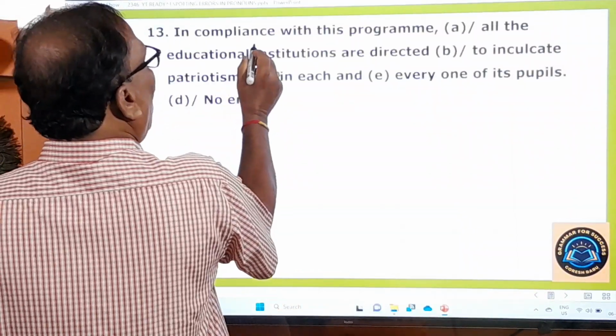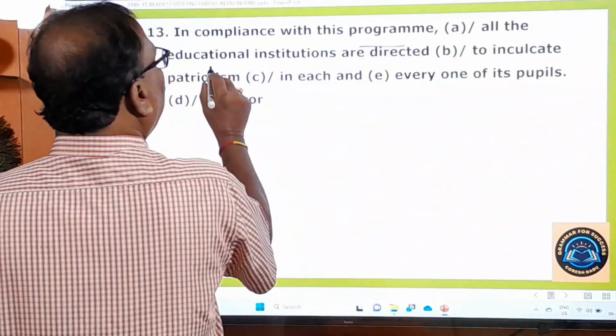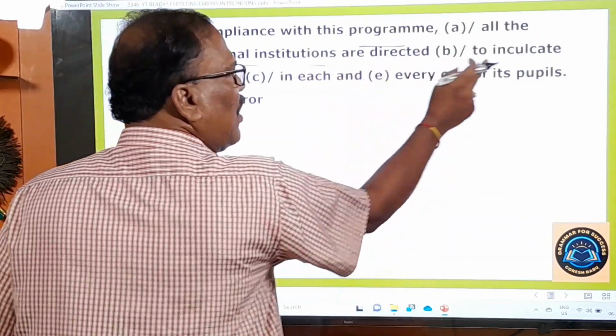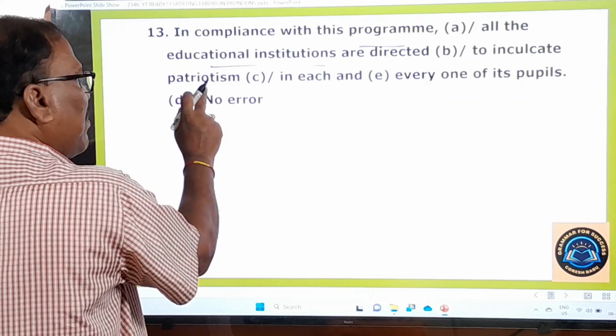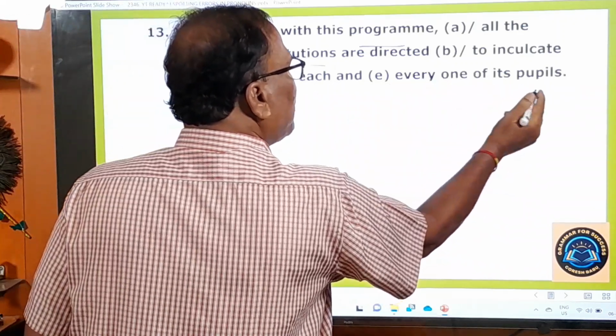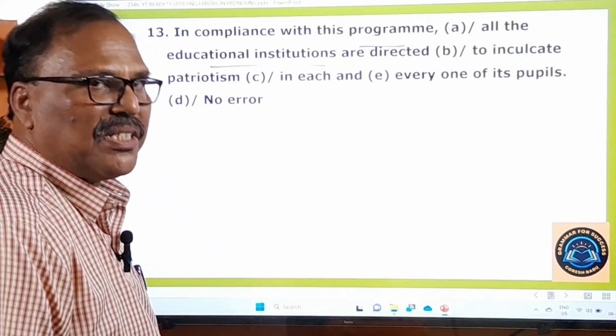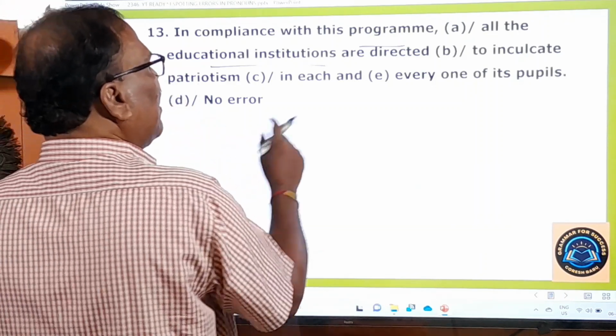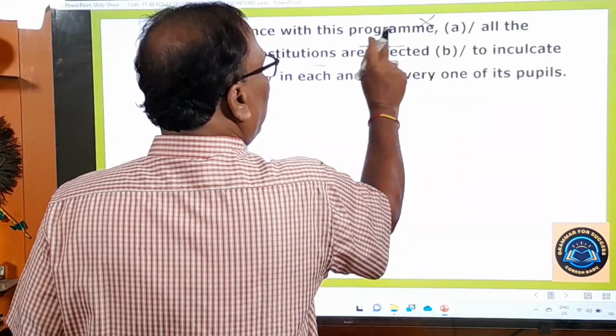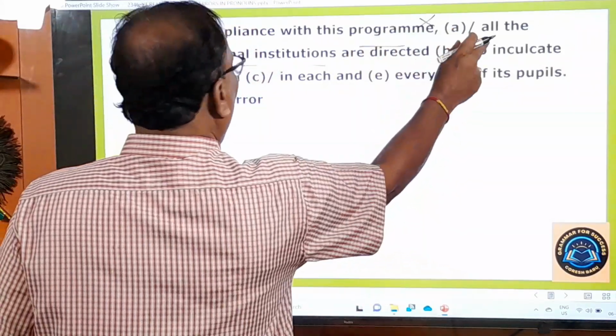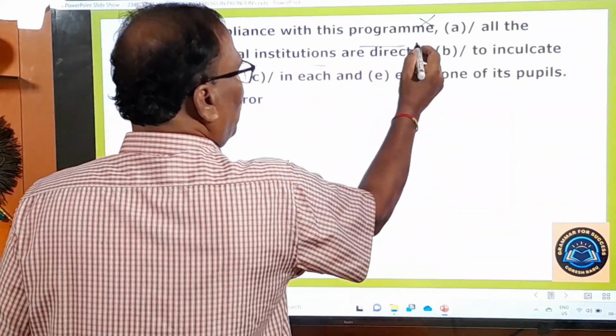The 13th one is there. In compliance with this program, all the educational institutions are directed to inculcate patriotism in each and every one of its pupils. So this is the sentence. If you observe this sentence, you find that there is no grammatical error in this A part. B, all the educational institutions are directed, no mistake.